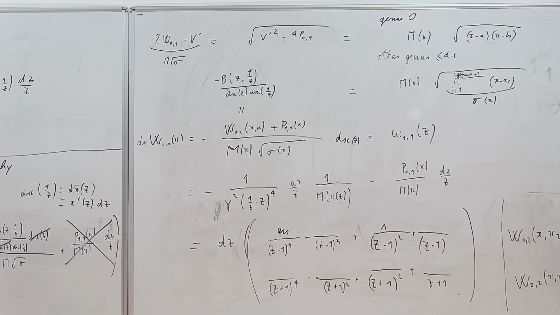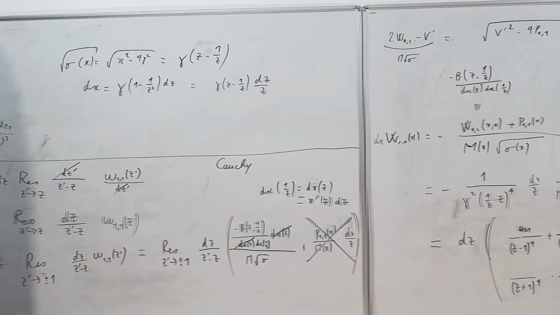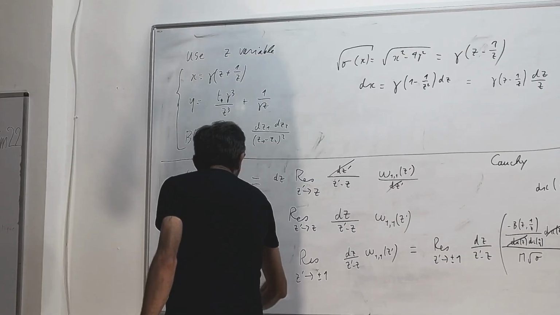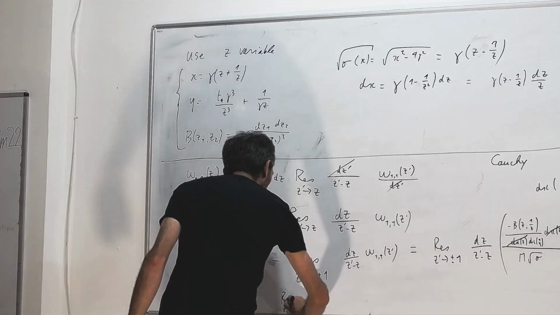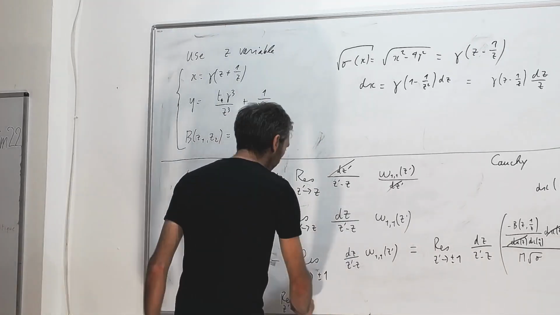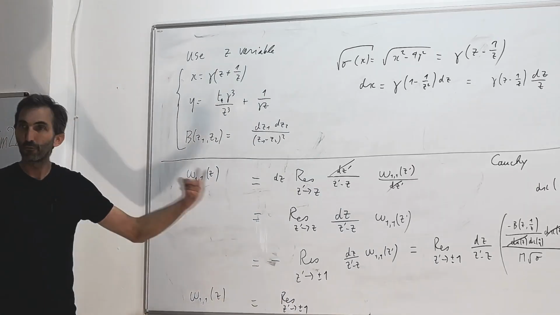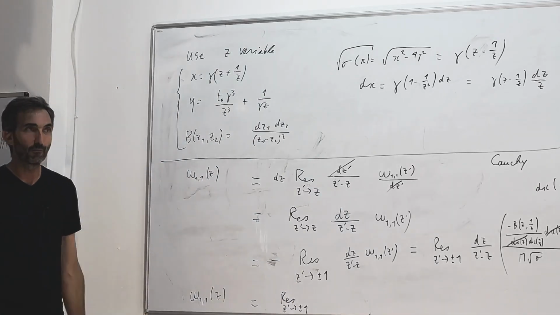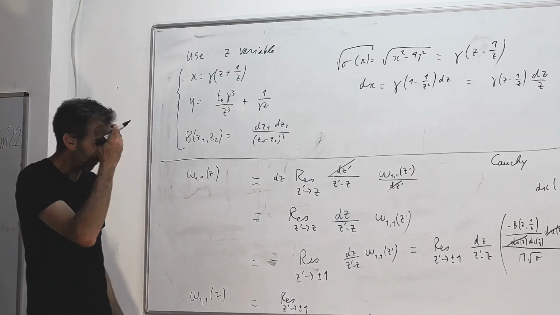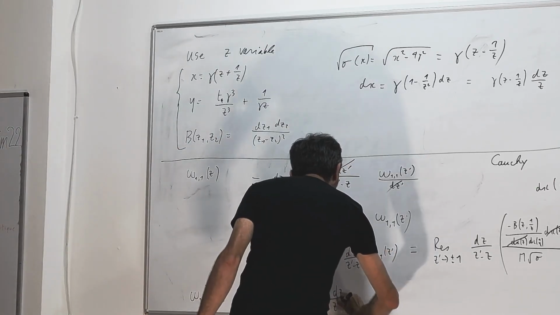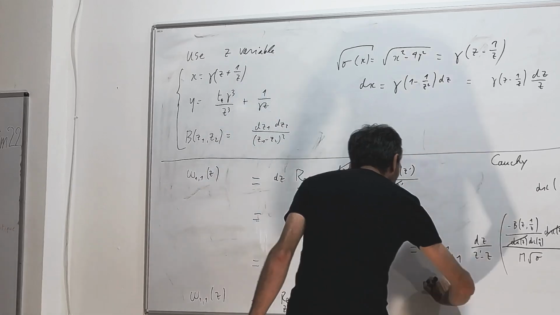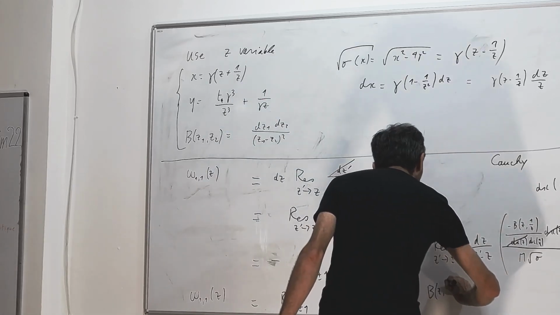So in the end, what do we get? In the end, let me rewrite it this way. Omega 1 of z equals the residue when z prime goes to plus or minus 1. This plus or minus 1 means you should compute the residue at 1 plus the residue at minus 1. Take the sum of the two. dz over z prime minus z. Let me put the b of z and 1 over z here.